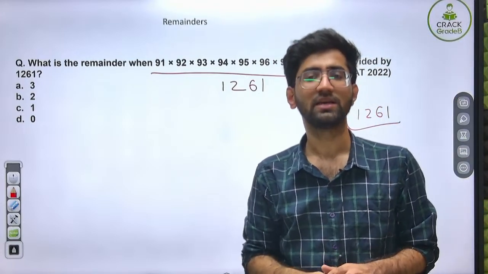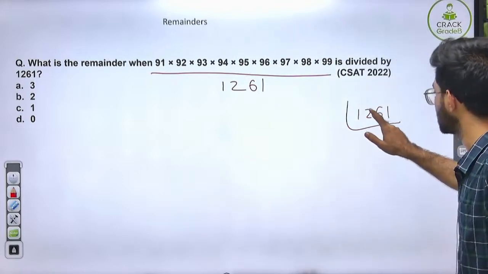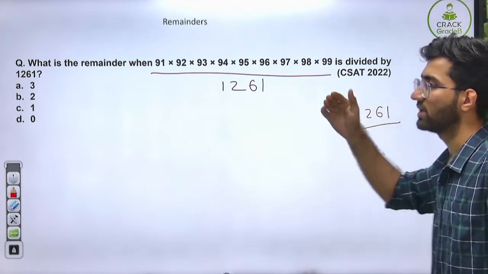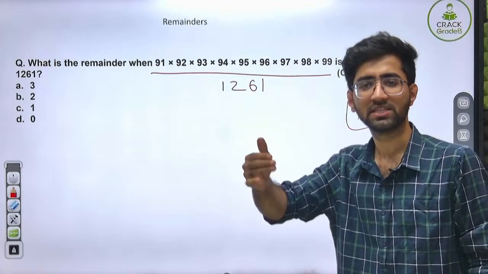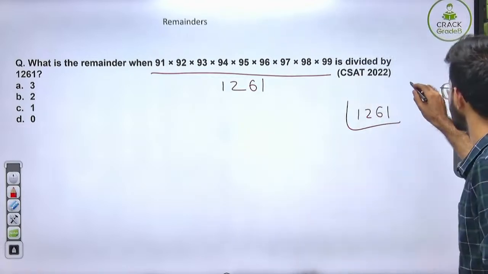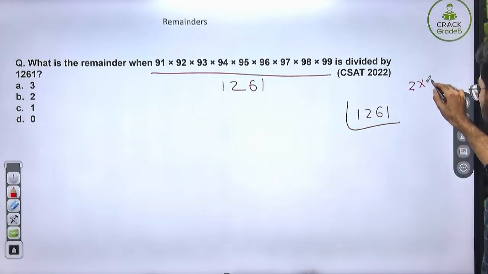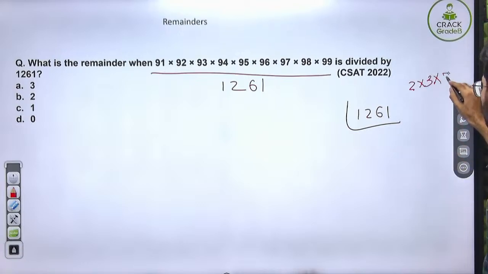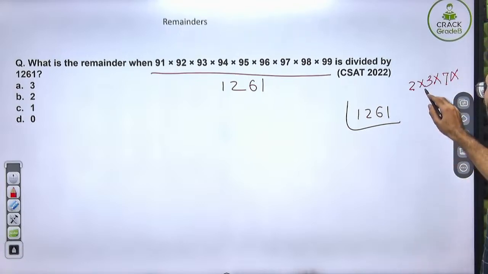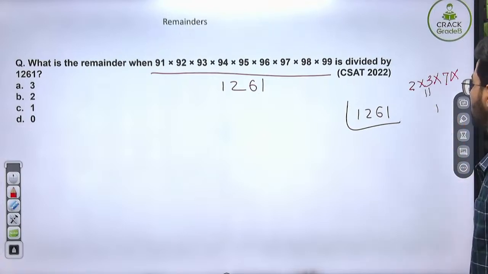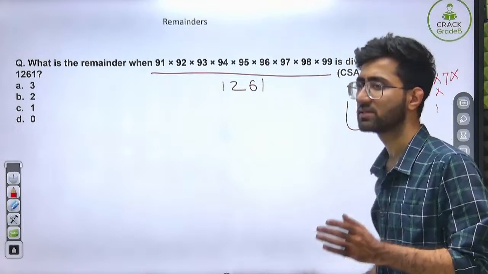What does it mean? We will try to divide 1261 by all the prime numbers starting from 2. Is it divisible by 2? No. By 3? No. By 7? No. The next prime number is 11. If you divide it by 11, it is not divisible.